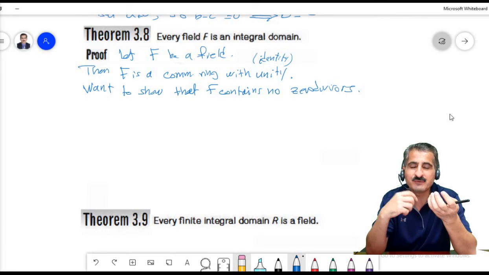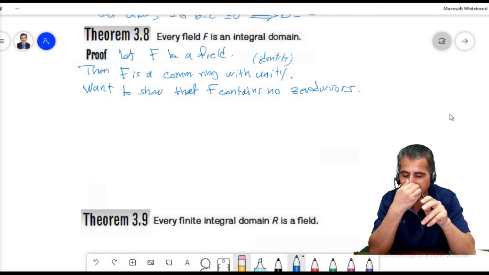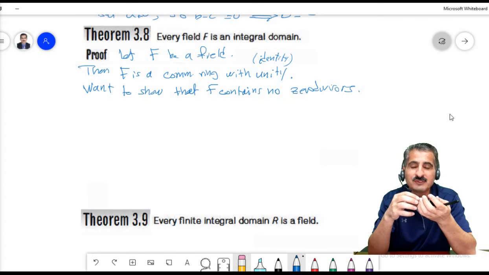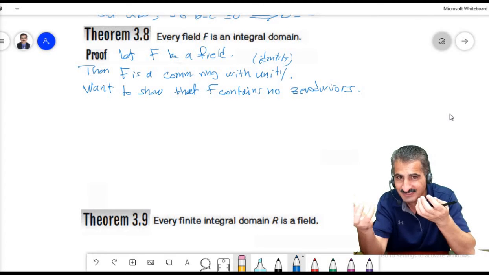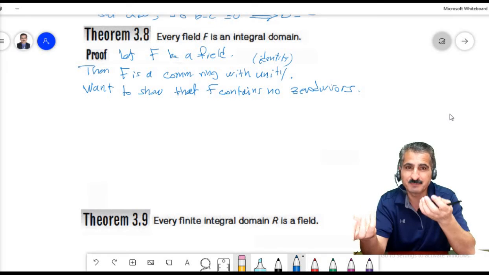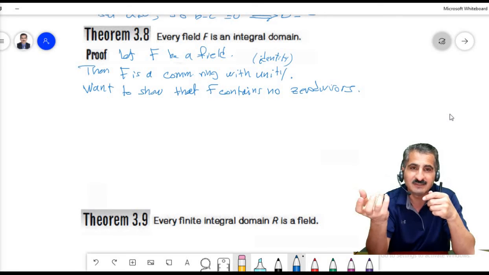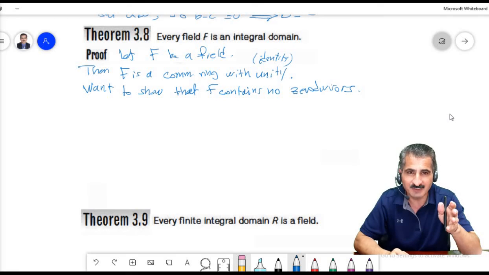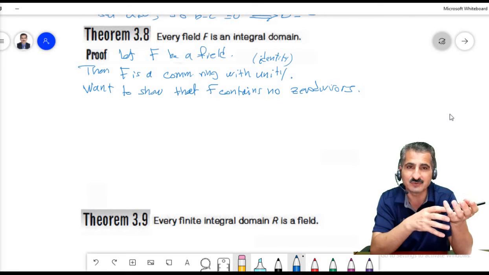I will assume there is an element C, and I want to show that if C multiplies A into zero, then that element C was already zero. So it will never happen that A multiplied with a non-zero element gives zero.